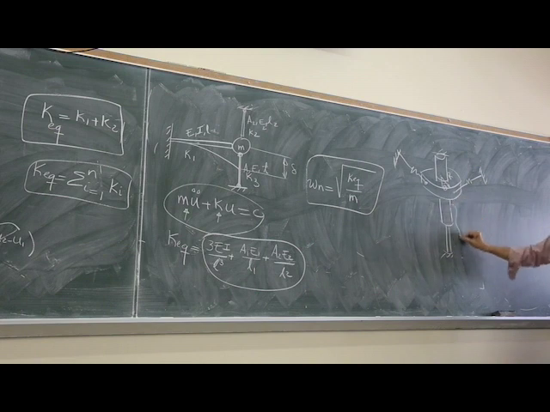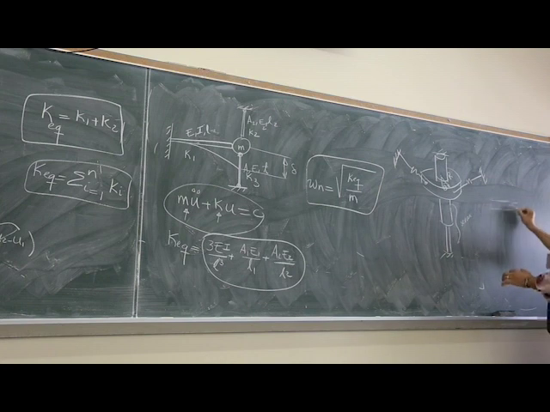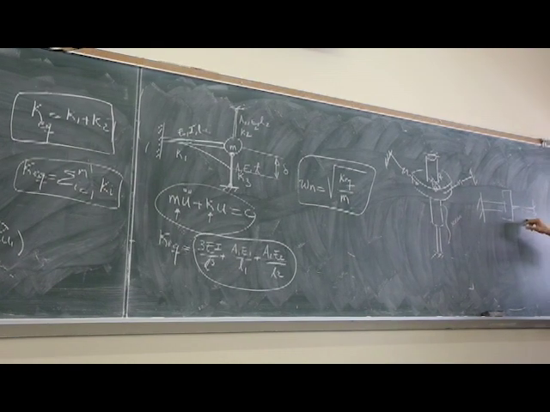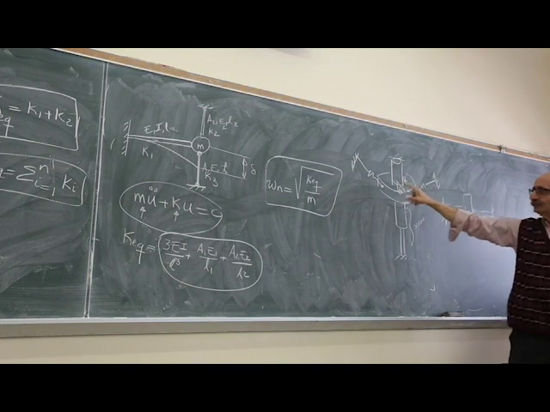So these two are in series, okay? How about these two then? These two, you have a shaft, okay, and this one. As this thing is rotating now, okay, what happens to these two? Same deformation. And then, how about these two?